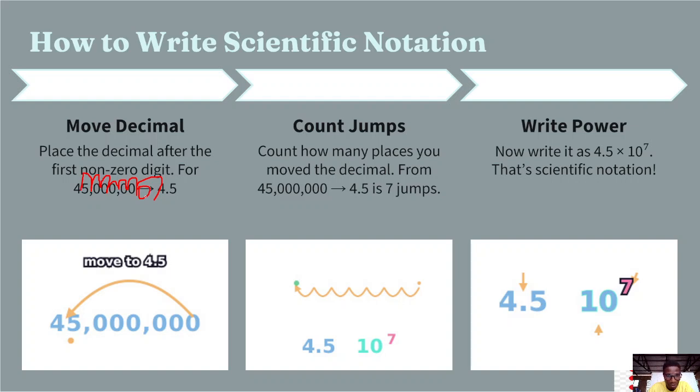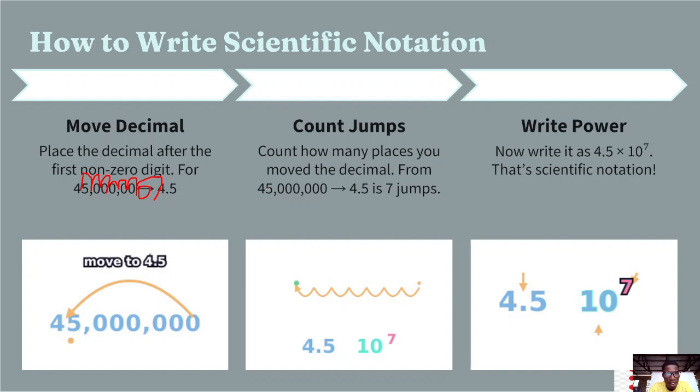That is the second step. Then we now write as a power of 10. The number of times you move, you write that as a power of 10. So combine the number with 10 raised to the power equal to the number of jumps.